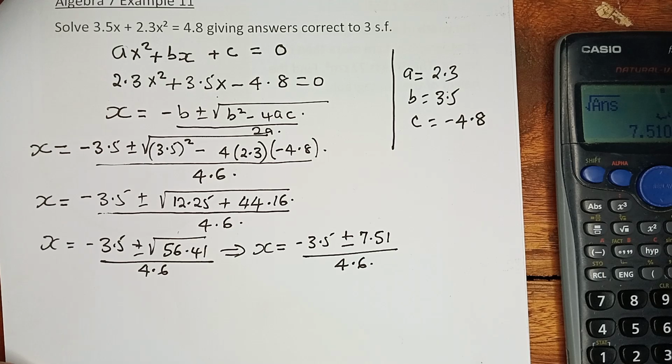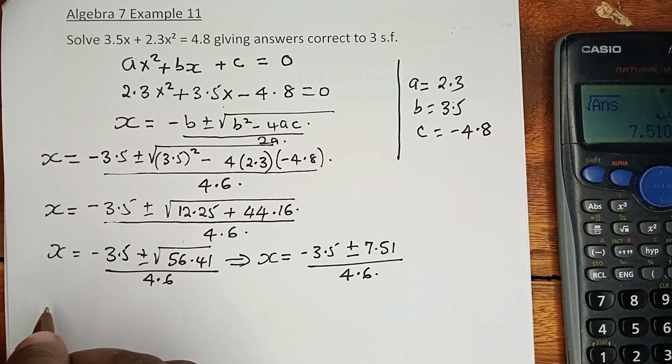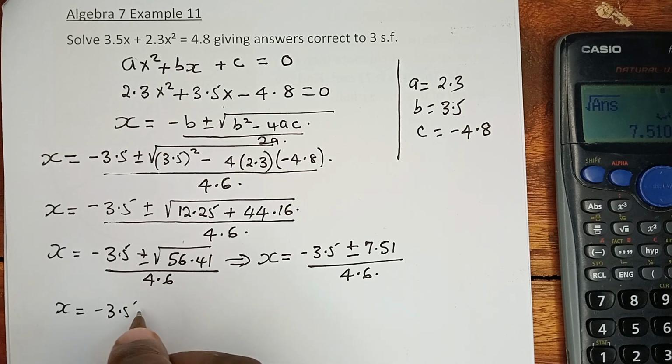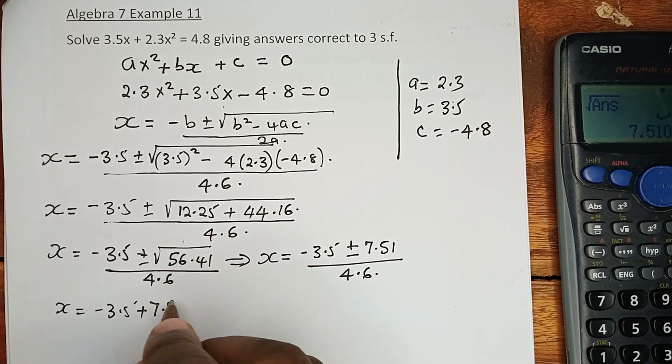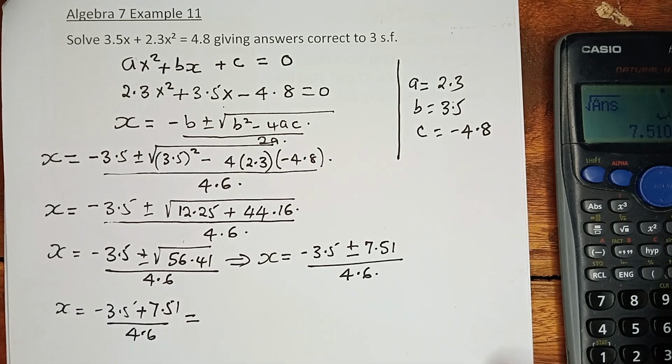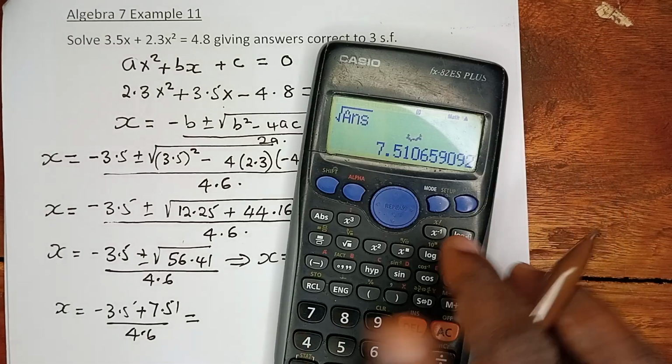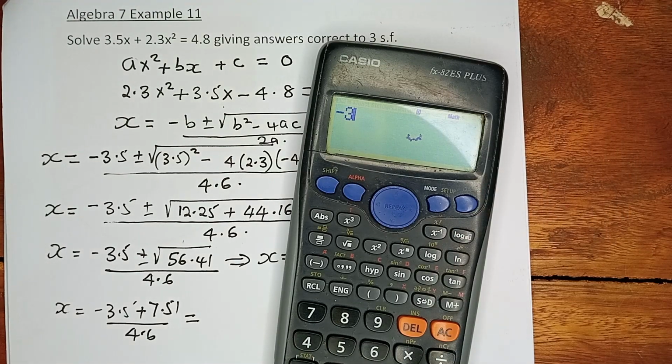So we are going to take one at a time. As far as we are concerned, x is minus 3.5. Let's take the plus first, plus 7.51 all over 4.6, which gives us what? Minus 3.5 plus 7.51, we get 4.01.